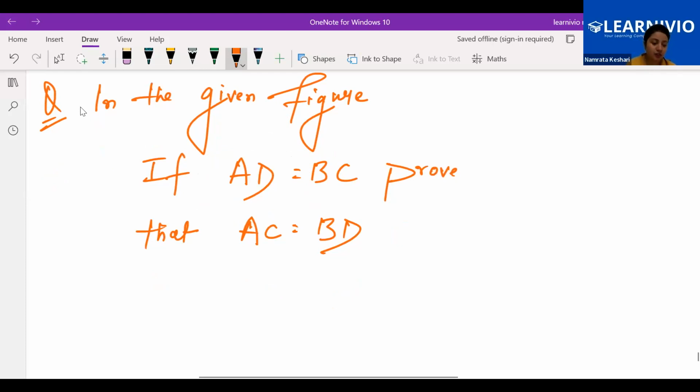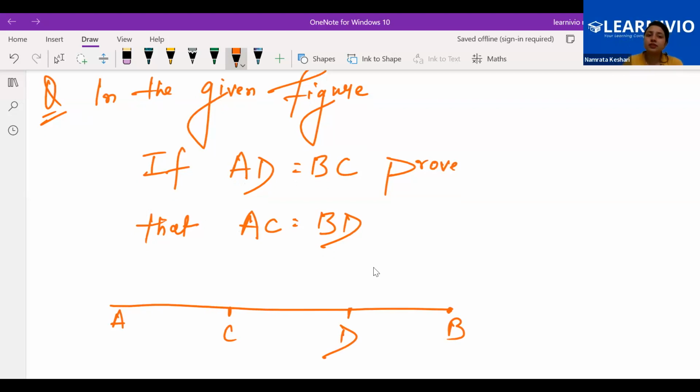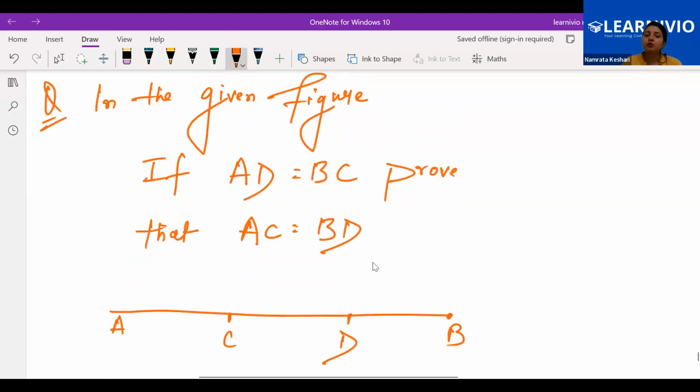Let me draw the figure over here: A, B, C, D. In this figure, AD is equal to BC. We have to prove that AC is equal to BD.